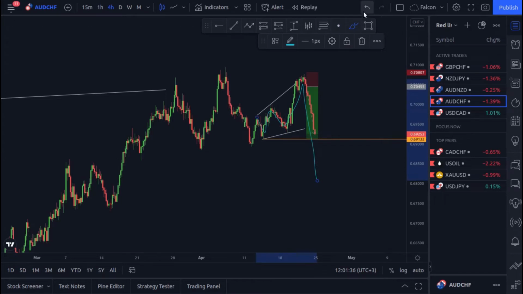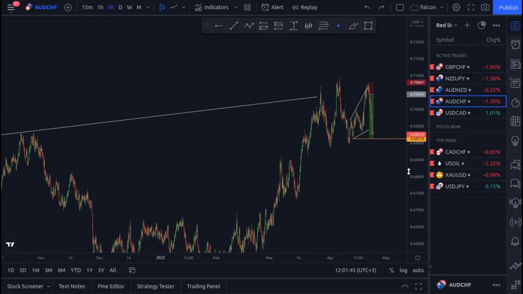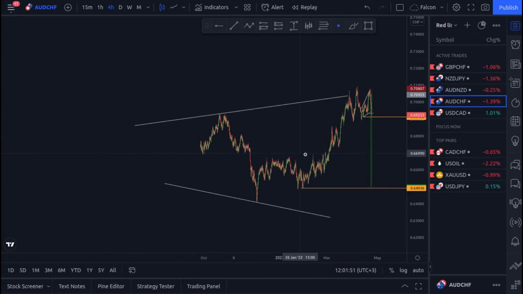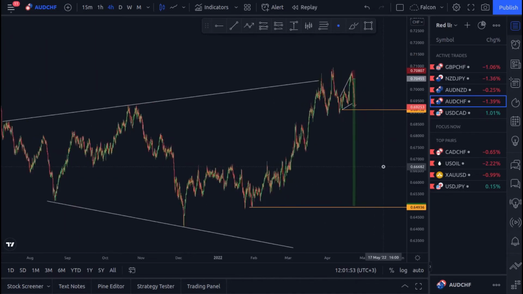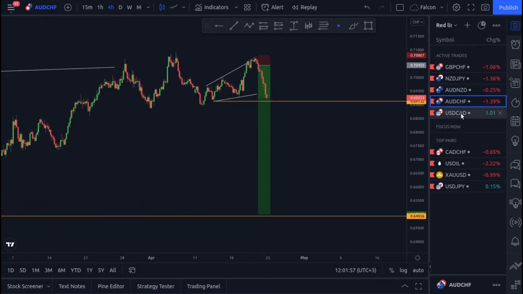So if you manage to catch this move, congrats. As you can see, we are almost at our 90% target of this smaller structure, but our overall target, as you all know, our overall target will be on these lows down here. So we'll be looking to hold this trade if it plays out. Okay, so next we are going to go through dollar card.